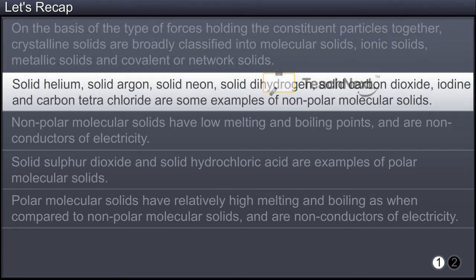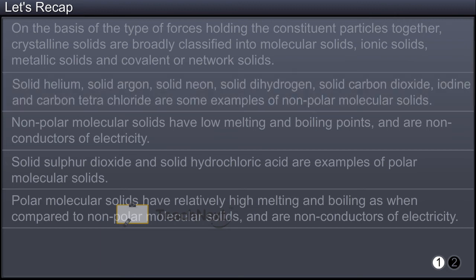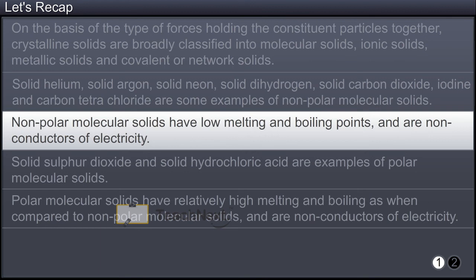Solid helium, solid argon, solid neon, solid dihydrogen, solid carbon dioxide, iodine, and carbon tetrachloride are some examples of nonpolar molecular solids. Nonpolar molecular solids have low melting and boiling points and are non-conductors of electricity.